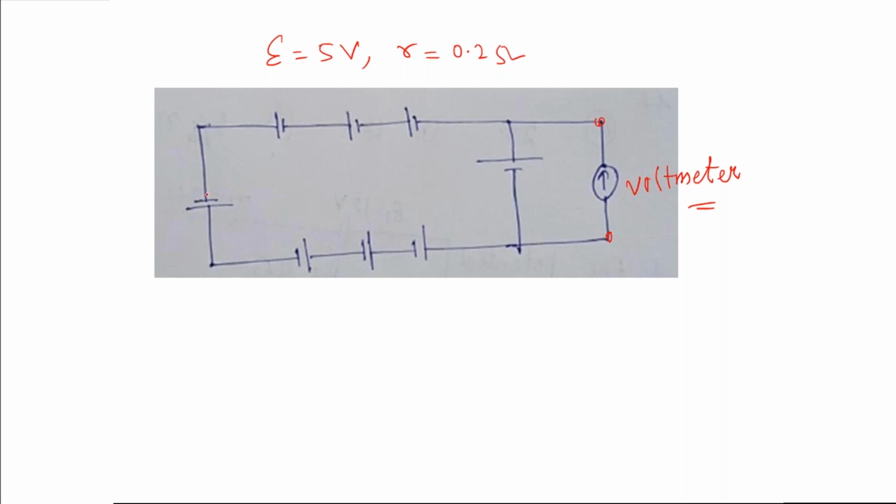Look at what is happening in this circuit. In each case, the positive terminal is connected to the negative terminal of the other battery. If you look throughout the complete loop, all of them are in series.